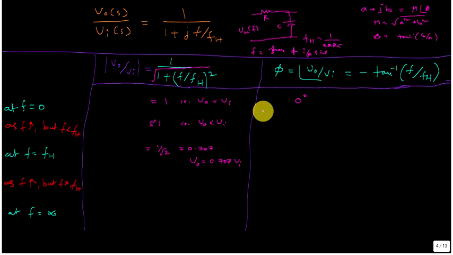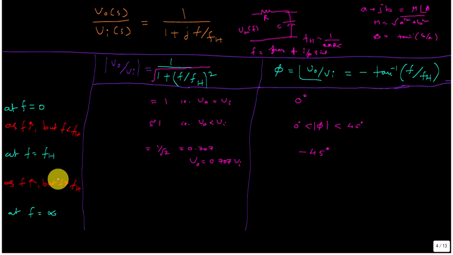The phase angle at f equal to fh, f by fh equal to 1, tan inverse 1 is minus 45 degrees. So the phi value changes from 0 degrees to minus 45 degrees; it is between 0 and minus 45, and exactly we can calculate the value of phi. So I am writing it as minus 45 degrees.